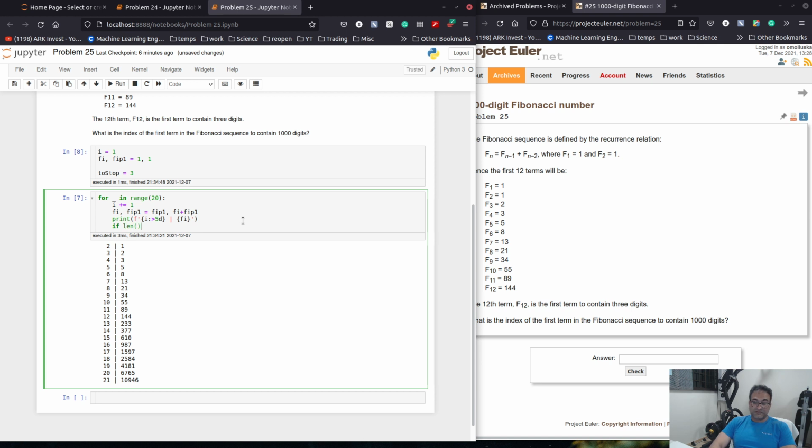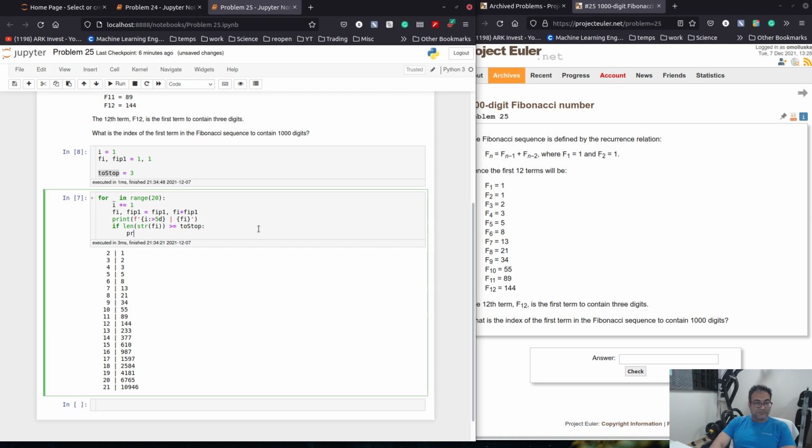If length of str of F_i is 3, then stop equals i.